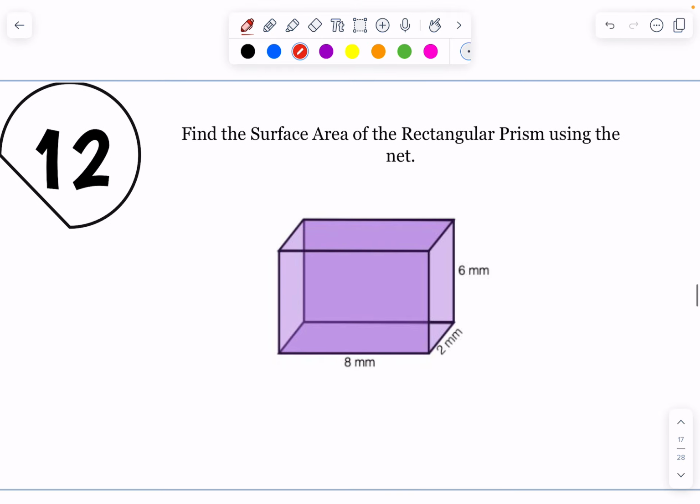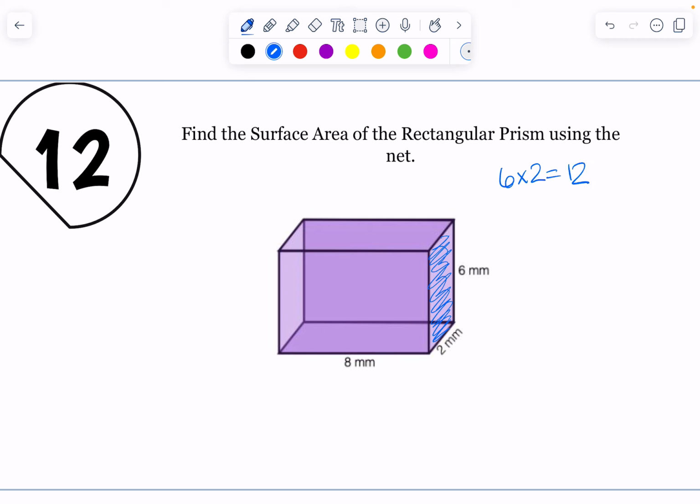Sometimes, though, we're not going to have the net to help us. So we could either draw a net, or we can just think of the different faces of the rectangular prism we're solving for. I'm going to start with this side here. To find the area of that face, I do 6 times 2, which gives me 12.